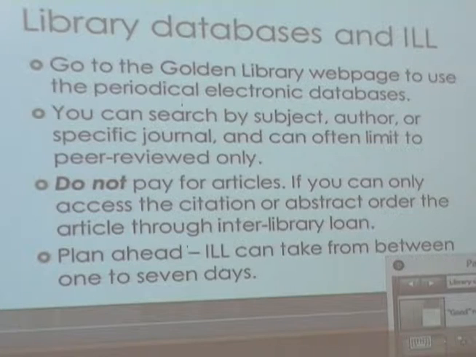You can search by a subject that you're looking for, so you could just type in soccer, or you could type in female athletes, or you could type in strength training and football, but I mean, anything you like, and see what comes up.